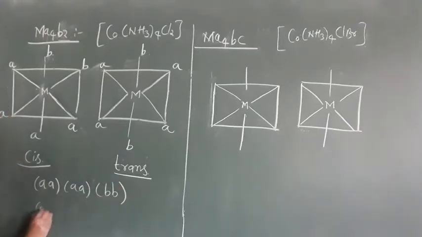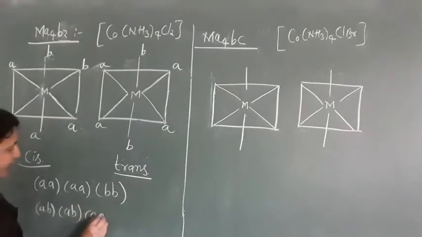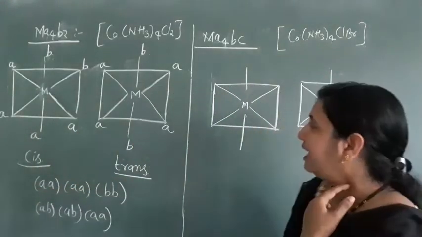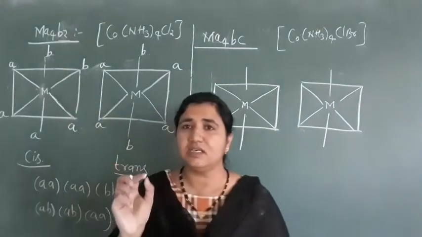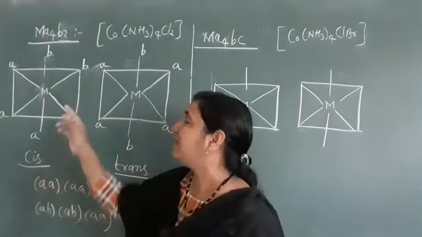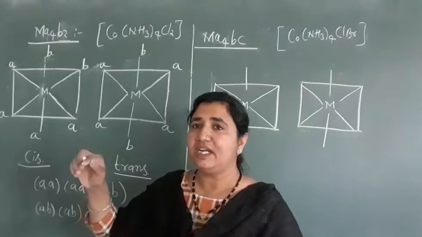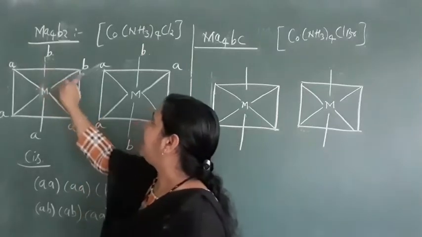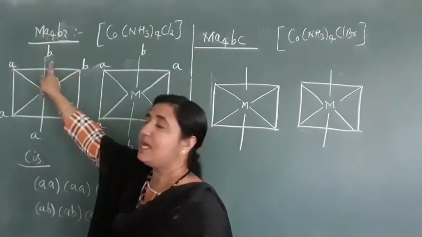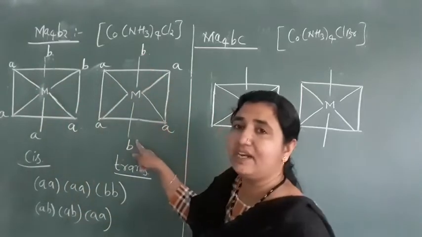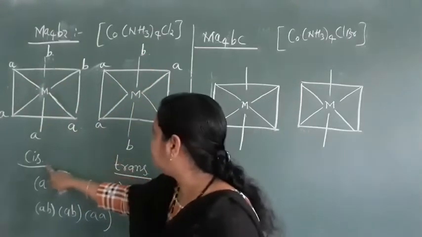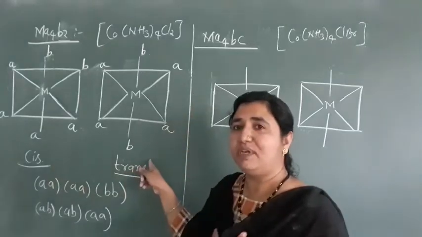Another possibility is AB, AA. So we have two combinations. To draw the structure, B is small in number, only 2, so we take it first in cis position and write the remaining A's, and then make BB trans. So this will be the cis form, and this will be the trans form.